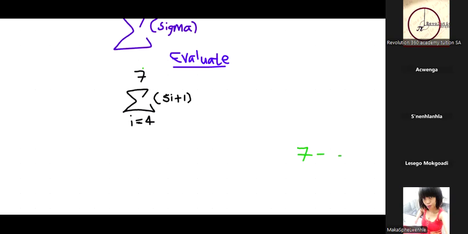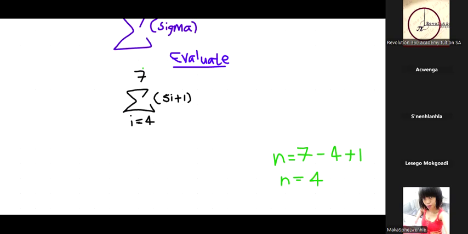So this means our n, which represents the number of terms, will be 7 minus 4, plus 1. 7 minus 4 is 3, plus 1, we are getting 4.